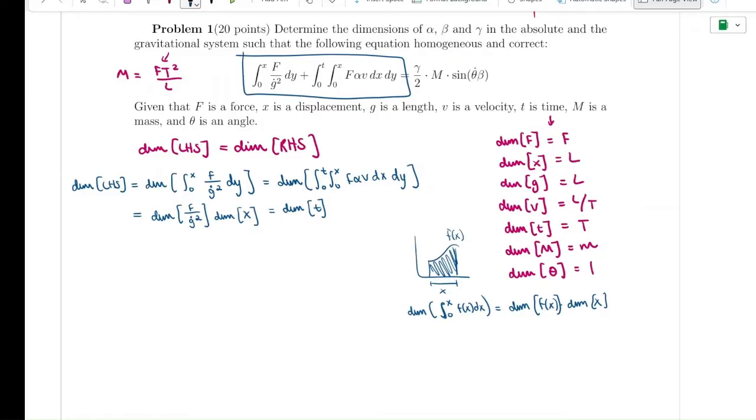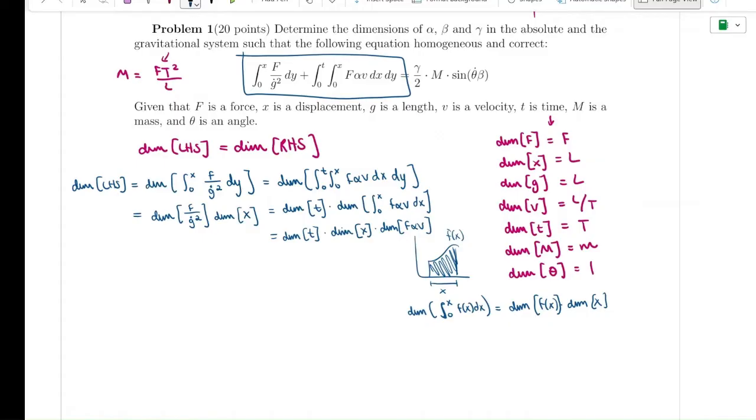Y is just a dummy variable. Then we multiply by the dimension of the integral from 0 to x of f alpha v dx. And this just becomes the dimension of t times the dimension of x, which is the integration bounds, times the stuff inside the integral, which is the dimension of f alpha v.